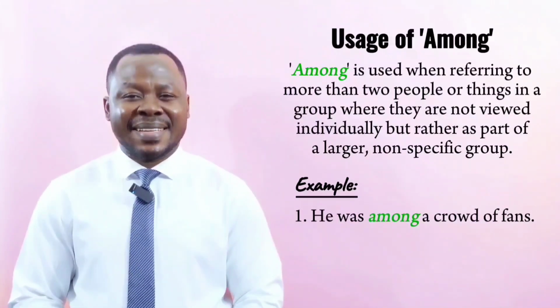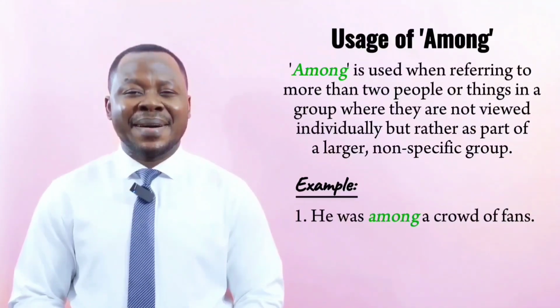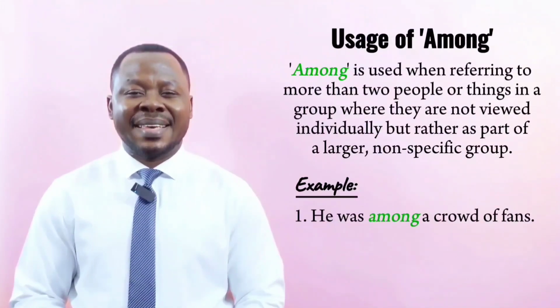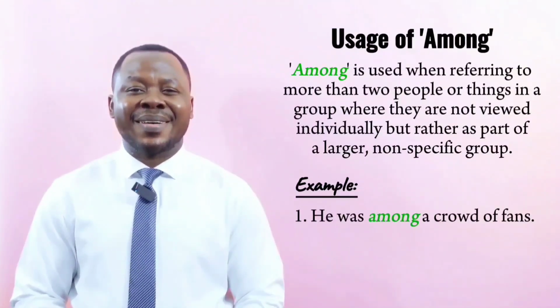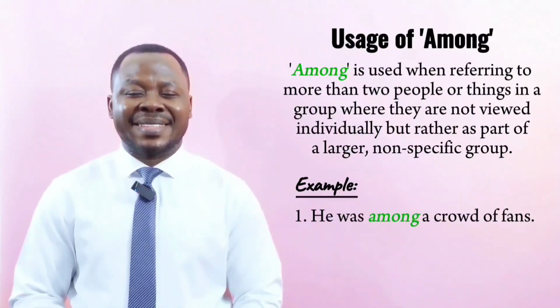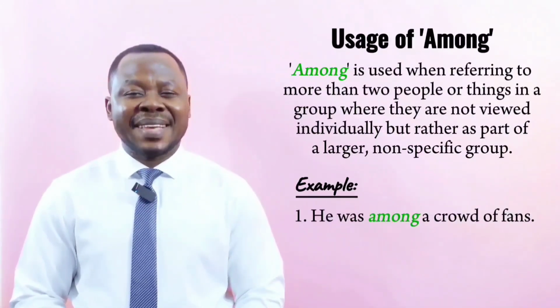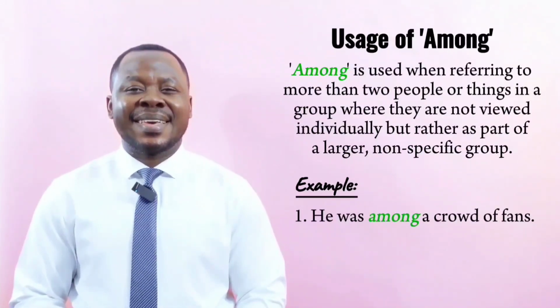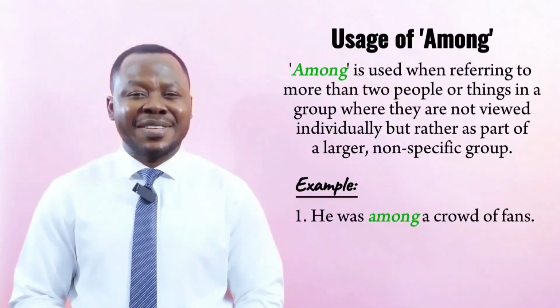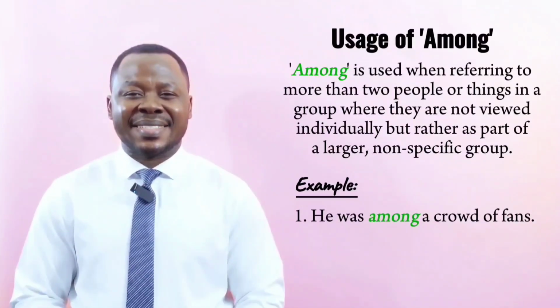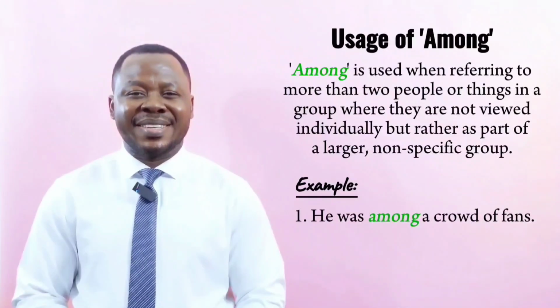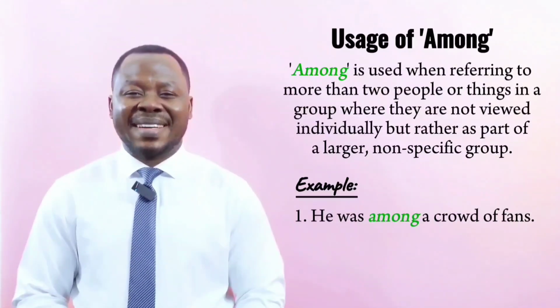In this sentence, among illustrates that the subject, he, is part of a larger collective group that is a crowd of fans. It maintains that he is not an individual in isolation, but is instead included within the mass of fans.